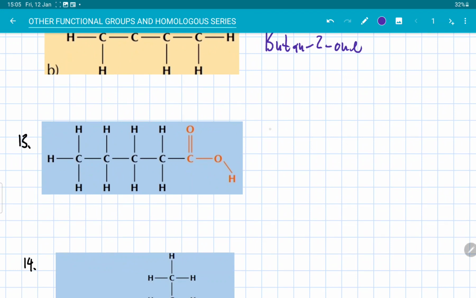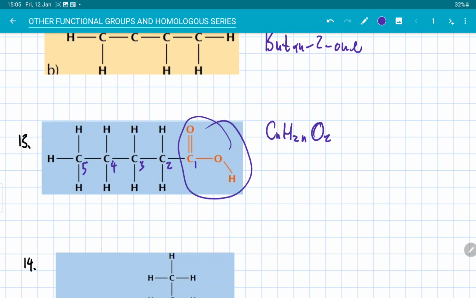So for carboxylic acid, the general formula is CnH2nO2. And then we first number 1, 2, 3, 4, 5 from the right, because that's where the functional group is closest.